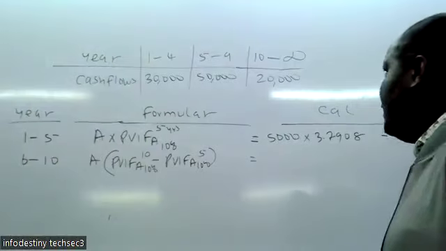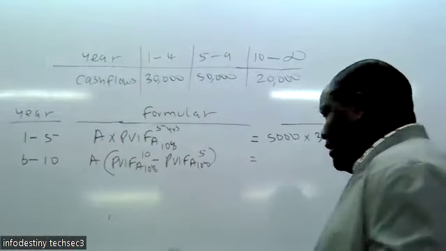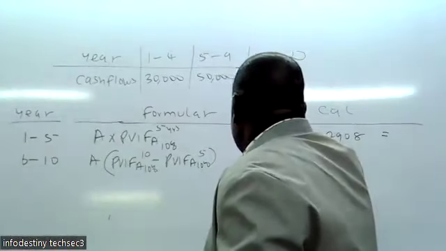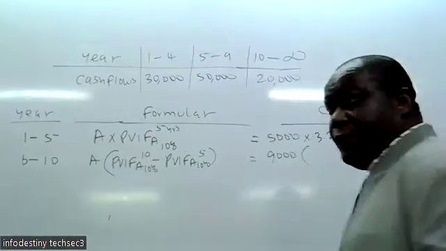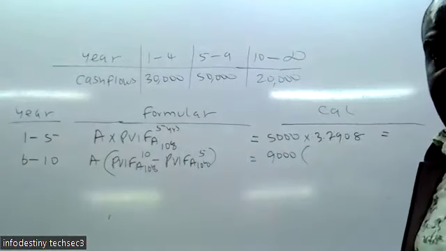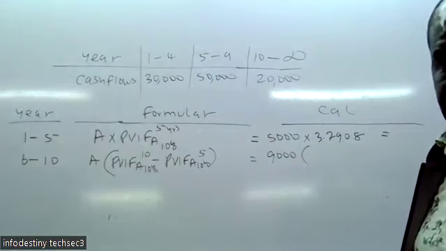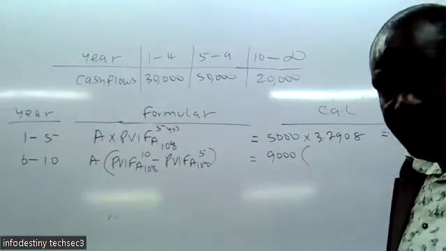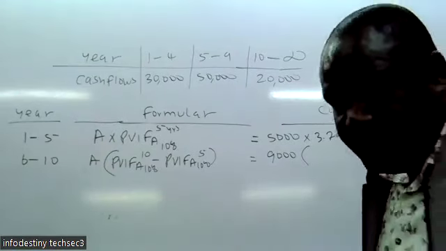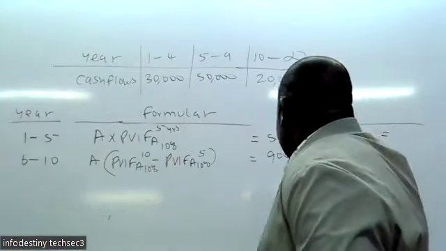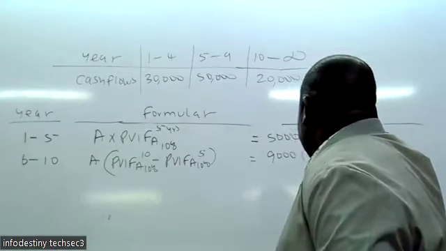So the annuity is meant to be 9,000. So you confirm what is there as 10% in year 10. It should be 6.1446.